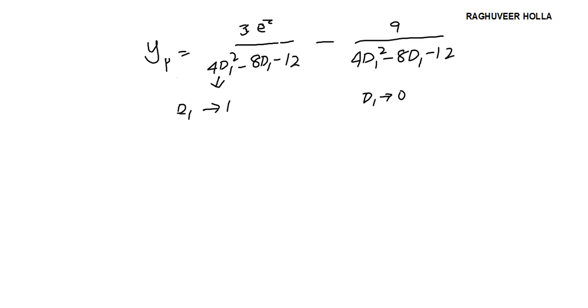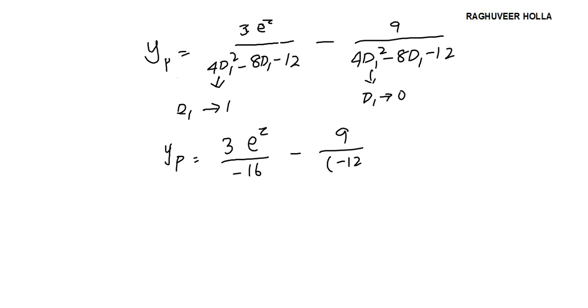After simplifying, I get 3 e to the power of z divided by minus 16, and the second term is minus 9 over minus 12, since substituting 0 gives minus 12 in the denominator.